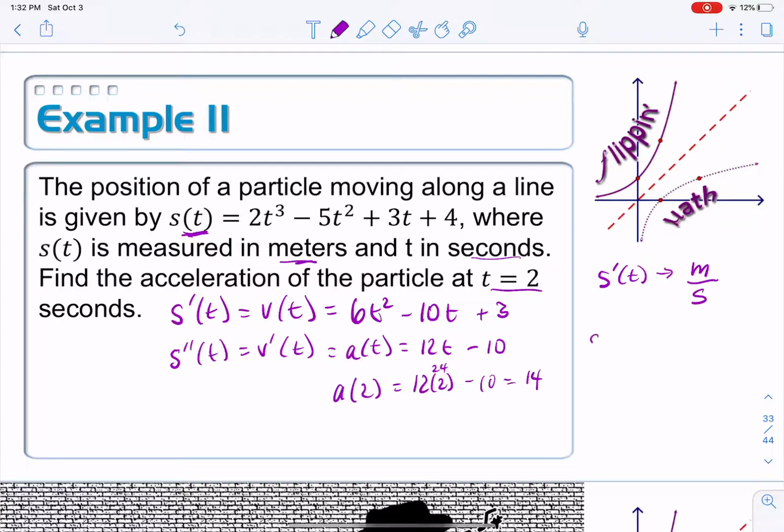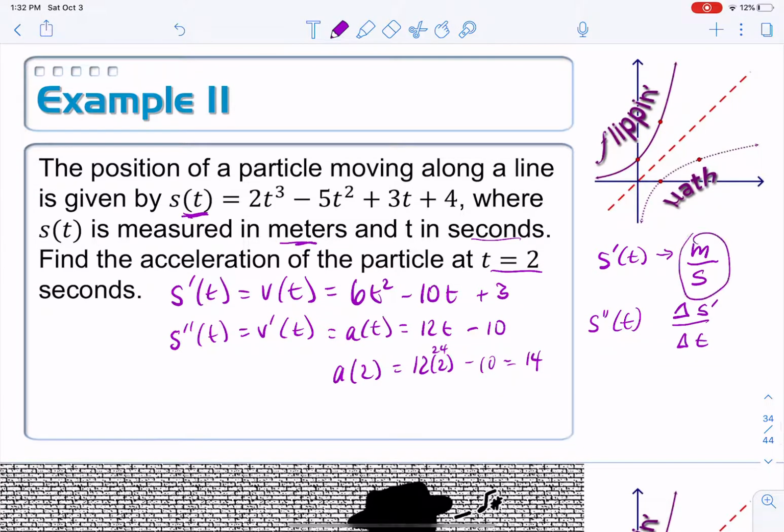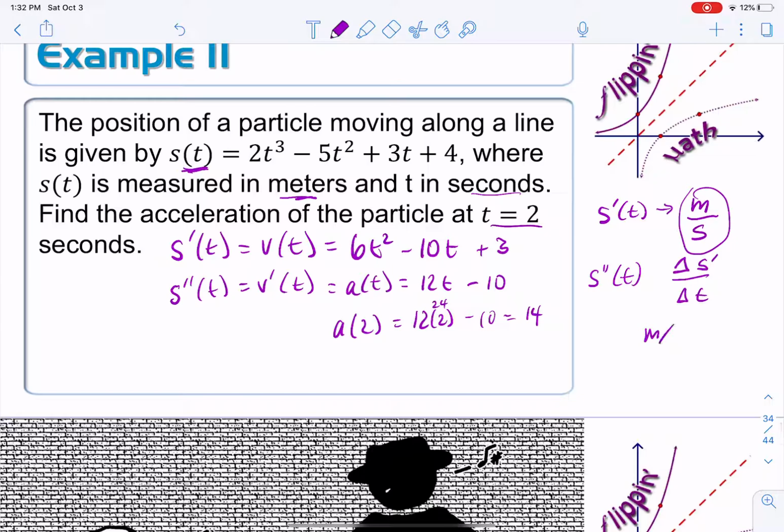Now when I find the second derivative, this is the change in the first derivative over a change in time. The first derivative was changing by meters per second, and our time is changing by seconds. So we write that as meters per second squared. And there we have it.